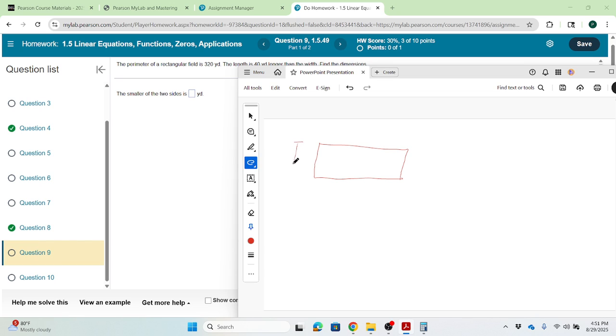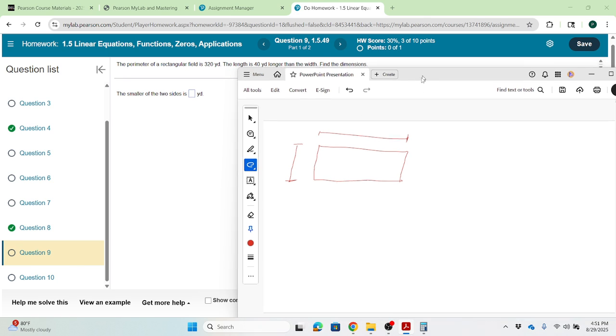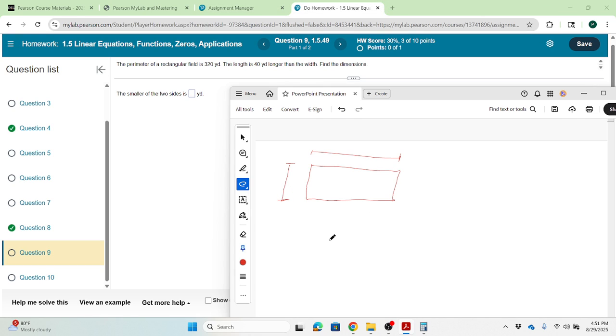That means we would like to find this length and then this length. That's called the dimensions. The perimeter means if you add all four sides, that's 320 yards. The length is 40 yards longer than the width. For example, let's say the width is x, then the length is x plus 40, because the length is 40 more than the width. So if this side is x, then this side is also x.